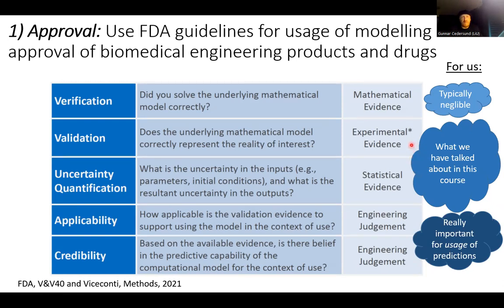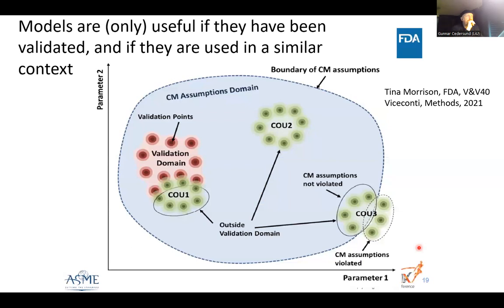So that's methods. Here, this is much more of a judgment call. But that doesn't mean that it's less important. On the contrary, it's really important because this is when you make the final judgment call, if you can use the predictions or not.